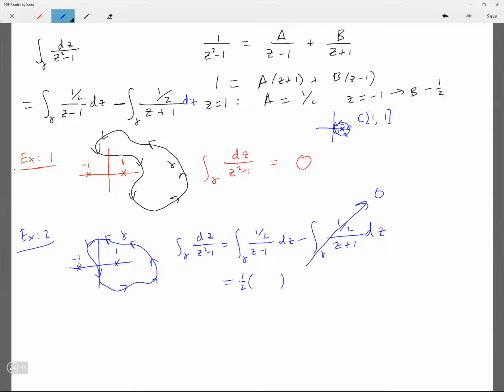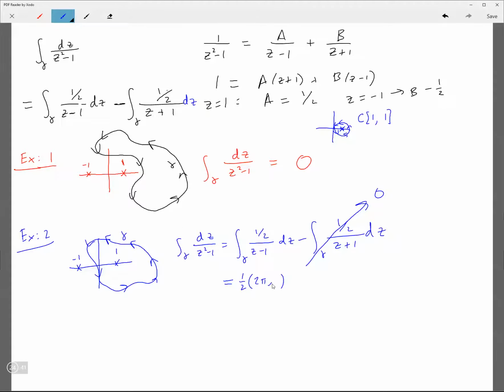We already decided that the other one is 0. So the point is that this one you can deform the curve. We talked about that last time. So you have this weird shaped curve right here, right? But you can make it into a circle, and it's still going to give you the same integral.